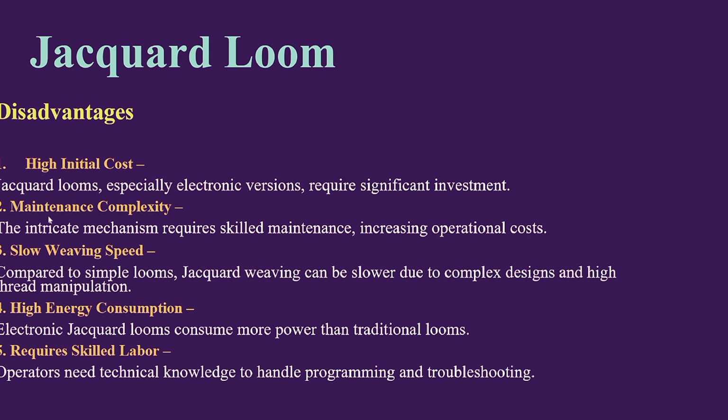The intricate mechanism requires skilled maintenance, increasing operational costs. Third disadvantage is slow weaving speed. Compared to simple looms, jacquard weaving can be slower due to complex designs and high thread manipulation.